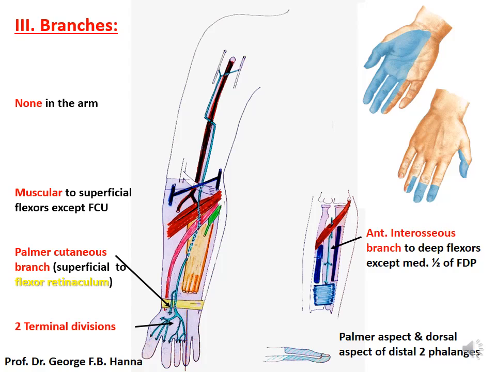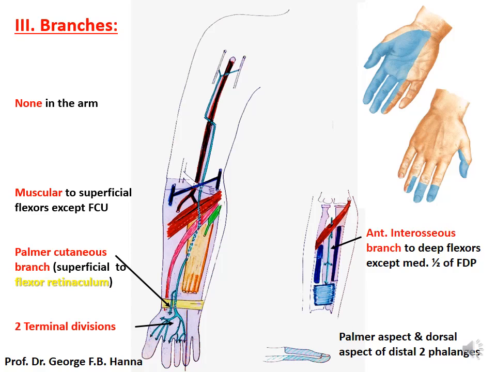So it gives branches, motor branches, to all superficial flexors except flexor carpi ulnaris, which seems to be supplied by the ulnar nerve, as its name implies. Now, downward, just above the wrist, it gives rise to a palmar cutaneous branch.